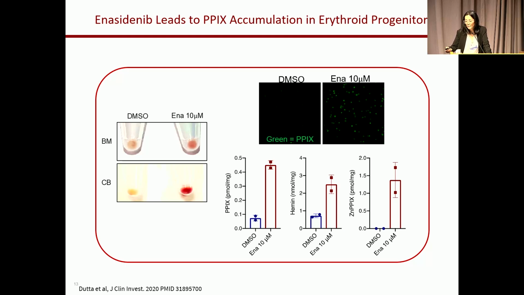And using mass spectrometry on the bottom bar graphs there, and then also immunofluorescence and looking at PPIX on top, you can see visually that the production of protoporphyrin, whether it's iron or zinc incorporated, is increased on a per cell basis as reflected on the bottom.